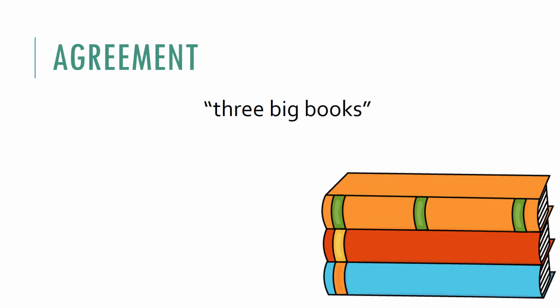Now, how would you say 3 big books? Go ahead and think about it. Thalathat kutub kabira. Here, the objects numbered 3 through 10 use the plural form of the noun, kutub.